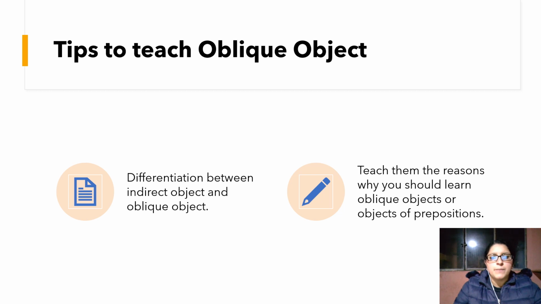And something very important is to teach them the reason why oblique objects or objects of prepositions should be learned. These are, for example, the use of whom in a correct way. And another is to be sure that the subject and the verb agree, since the object of a preposition cannot be the subject of a verb.